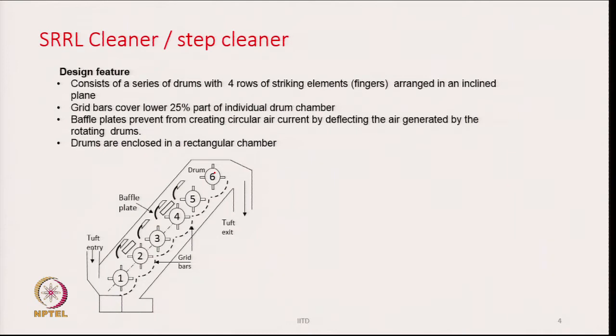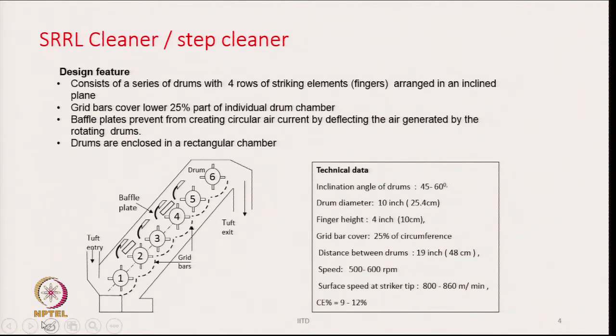The grid bar covers 25% of individual drum chamber, and these are the grid bars shown here. The baffle plates are there to prevent creating circular air current by deflecting the air generated by the rotating drums, and the drums are enclosed in a rectangular chamber. This is the typical design, and there is a trough entry and there is a trough exit.